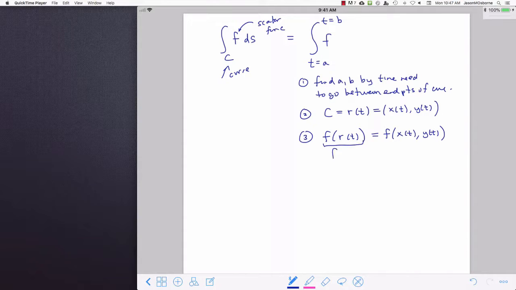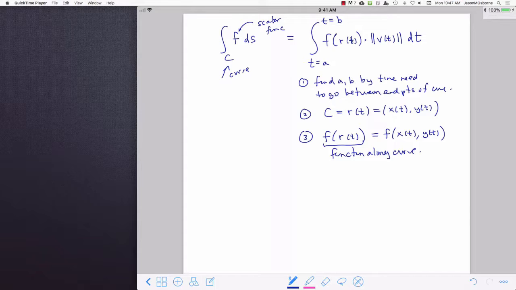So this notation means the function along the curve, f evaluated at r of t, and that gets multiplied by the magnitude of the velocity vector, dt.